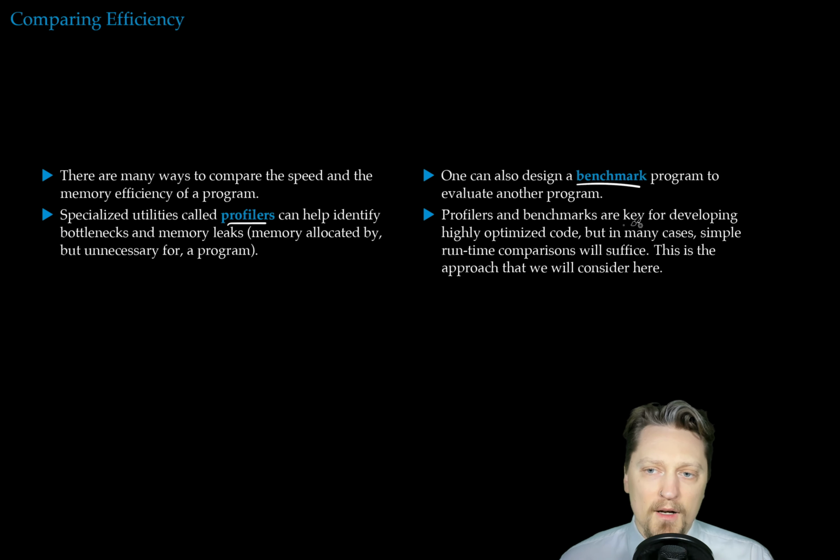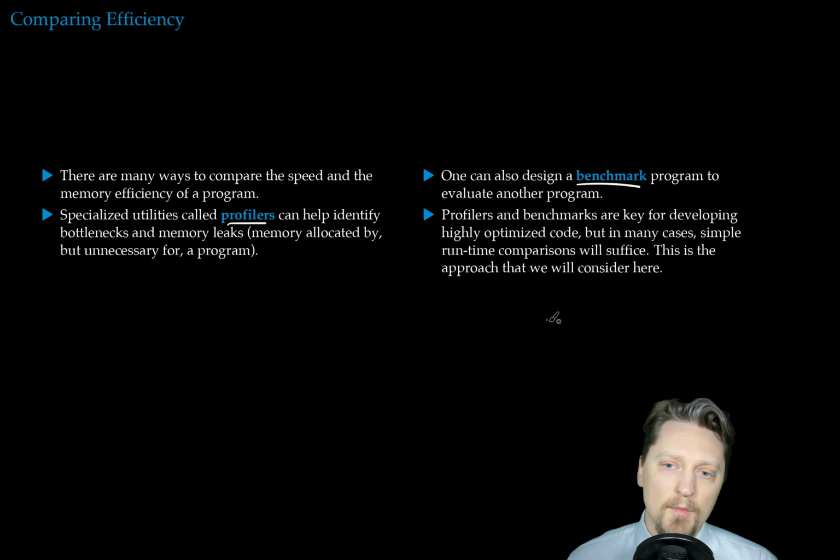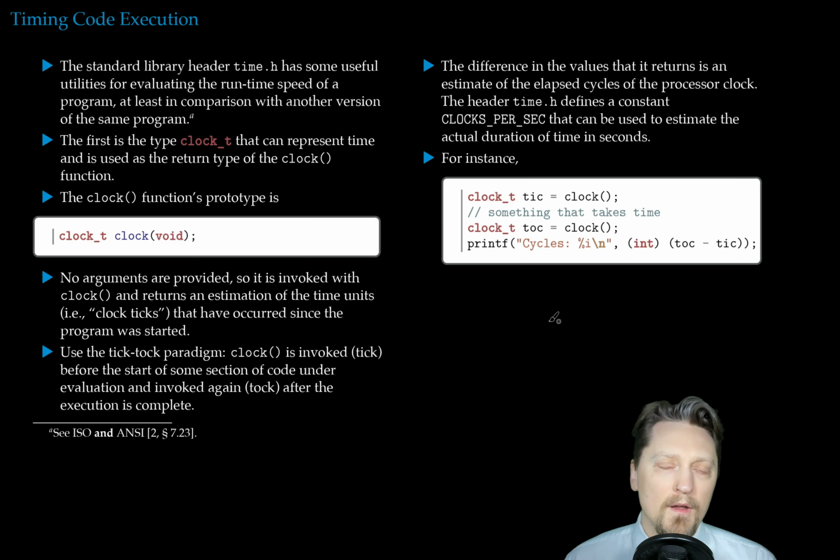Profilers and benchmarks are key for developing highly optimized code, but in many cases, simple runtime comparisons will suffice. This is the approach we will consider here. Timing code execution. The standard library header time.h has some useful utilities for evaluating the runtime speed of a program, at least in comparison with another version of the same program.